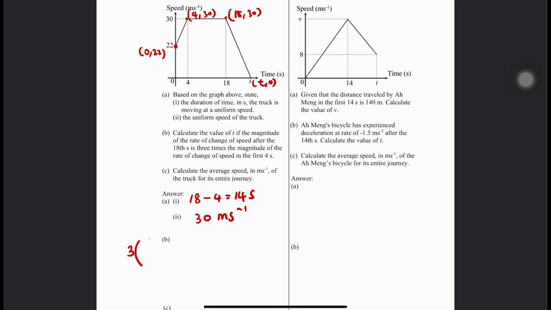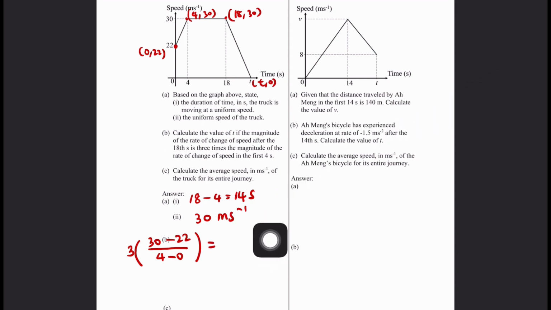So gradient dia is 30 minus 22, okay, divide by 4 minus 0, okay, is equals to belah sini pula 30 minus 0 divide by 18 minus t.